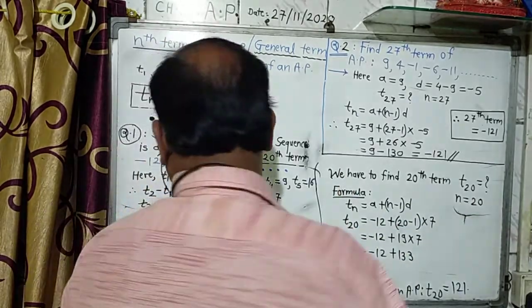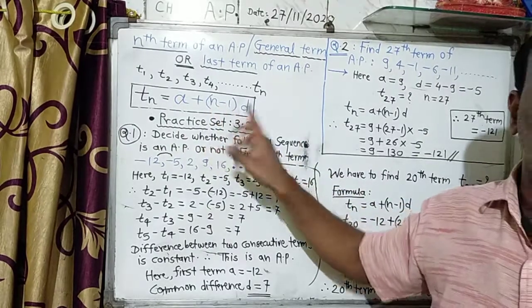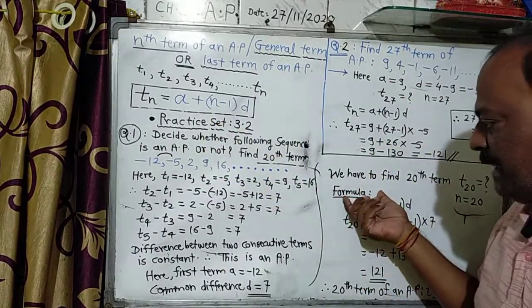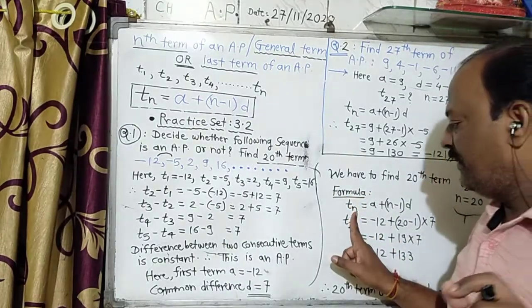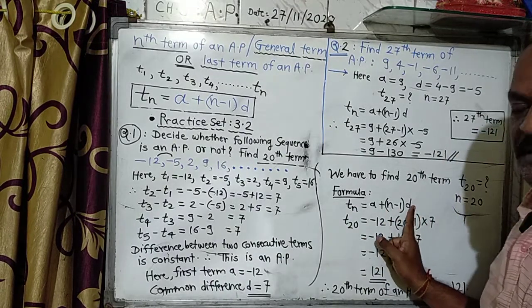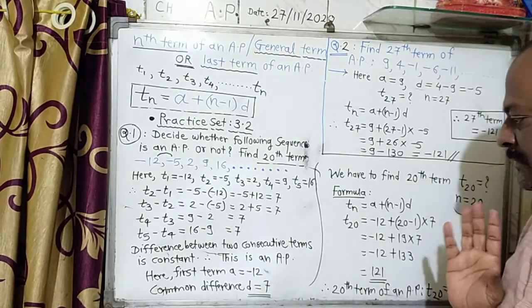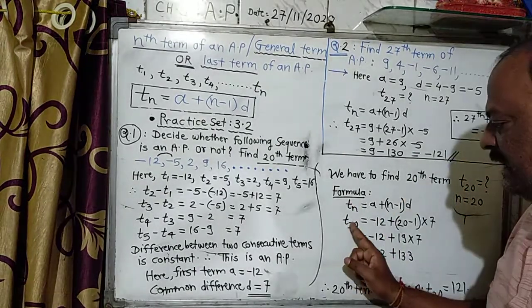Now you know the formula: Tn is equal to A plus n minus 1 into D. So first write the formula. Tn, the nth term of an AP, is A plus n minus 1 into D. Now substitute values.